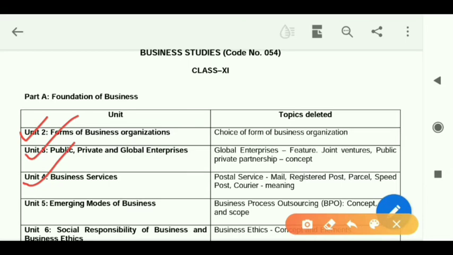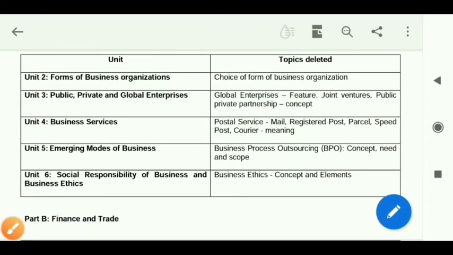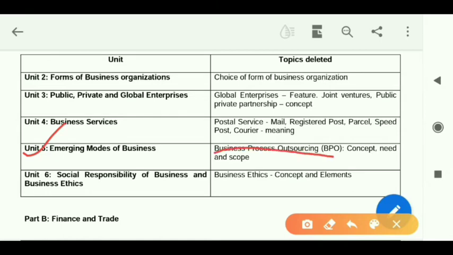If we have a look at unit 5, that is emerging modes of business, over here the concept of BPO is removed. BPO is business process outsourcing. The concept, the needs and the scope of BPO have been removed. One thing I would like you to notice is that with BPO we have one more concept attached, that is KPO.